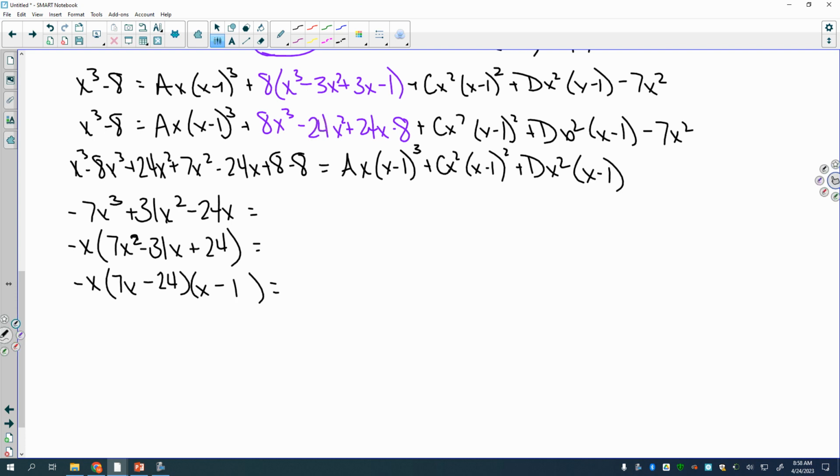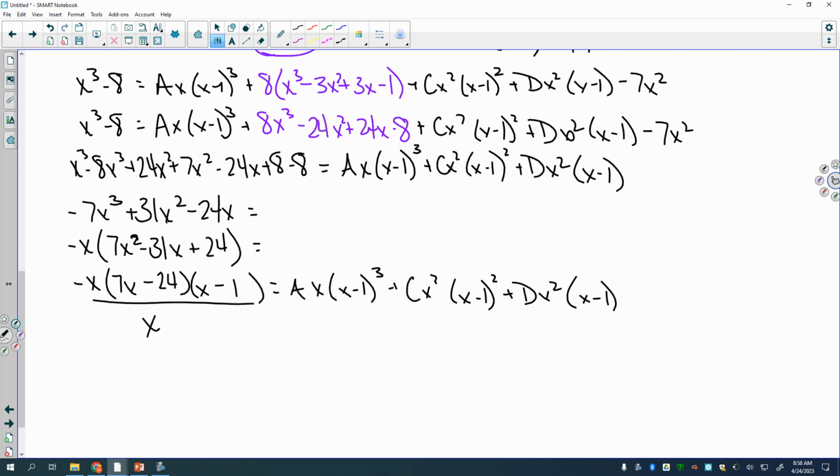Now, looking at this, what I have here is everything, both sides have an x in it and an x minus 1. So I'm going to divide everything by an x times x minus 1.